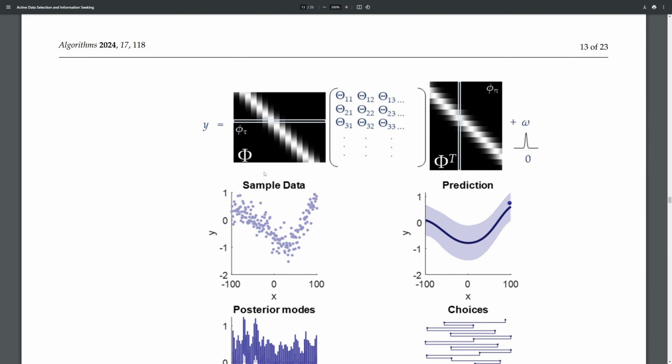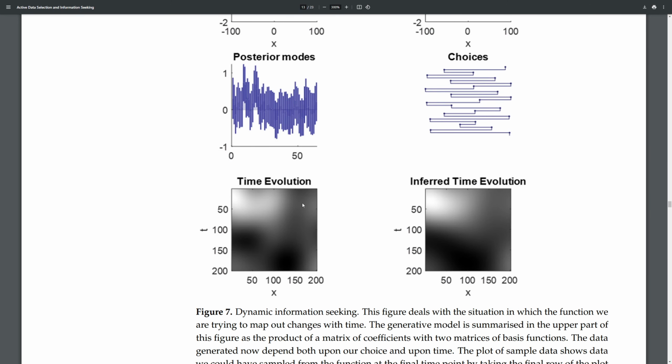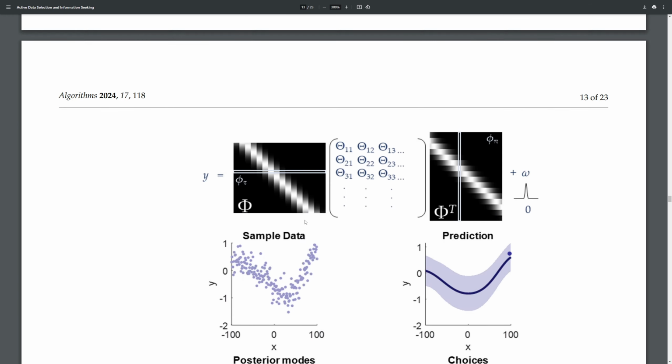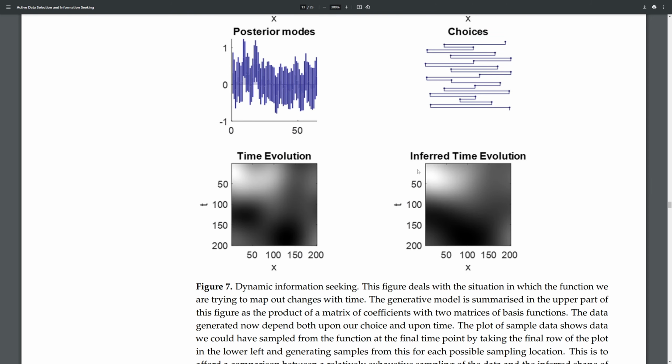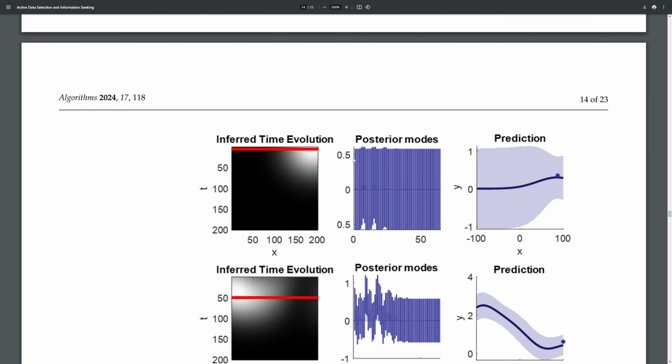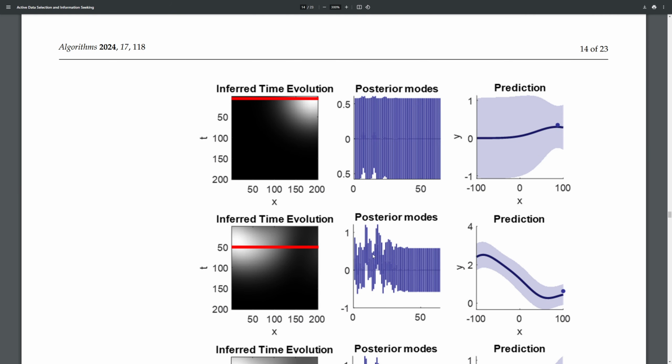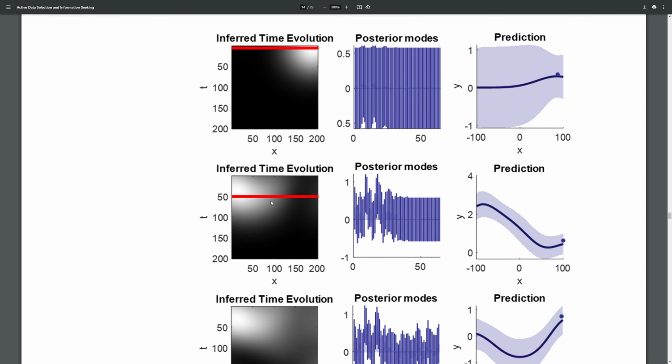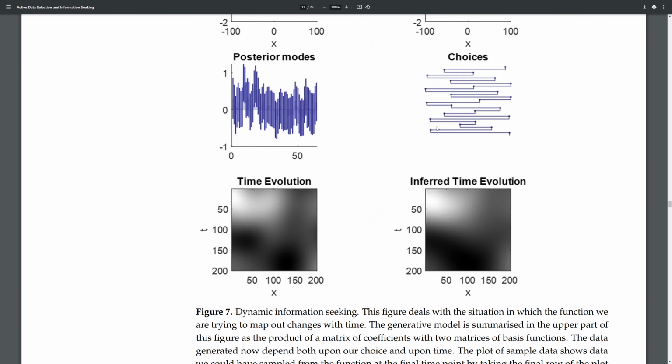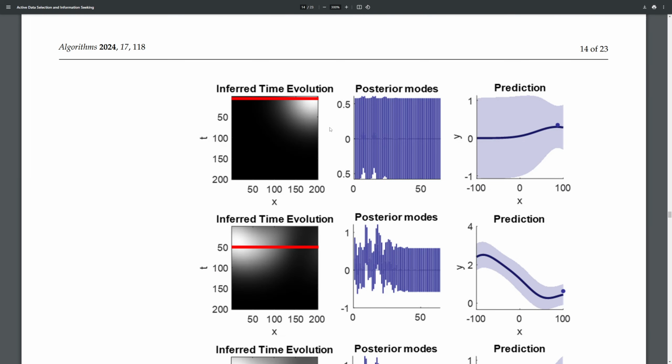As we scroll down, what we see is the exact same thing that we just dealt with, except now we have time evolution as it shifts down. And we also have this new phi sub tau right here, which represents how to move to the next time step. And that is the only real difference that we have to deal with. So as we can see, the posterior is slowly going to update as it experiences more data and as it experiences more time, so it has actually a place to update through choices of our parameter pi.